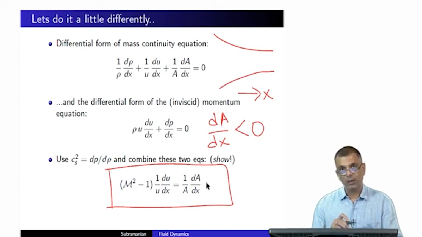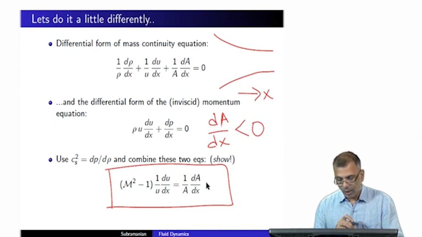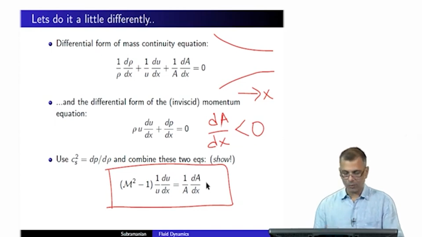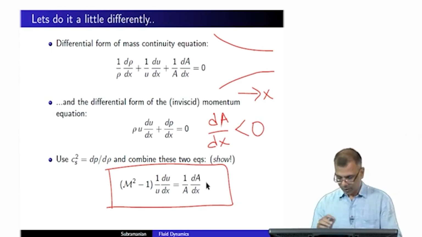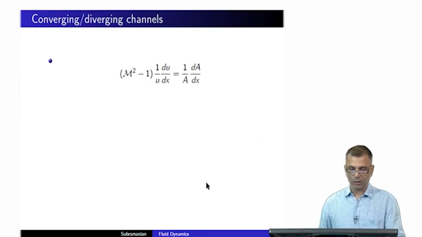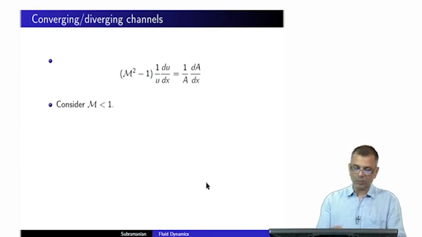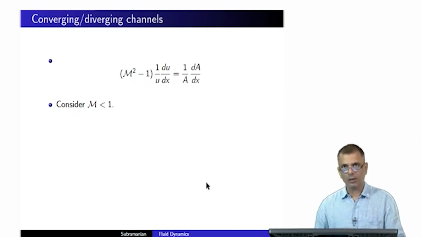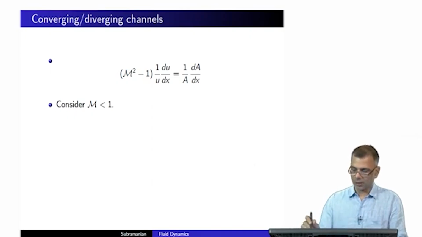Let's look at this equation and try to see. This is a very important equation, and there's a lot hidden here. So I repeated that equation here. Consider subsonic flows, in other words, flows that have Mach number less than 1.